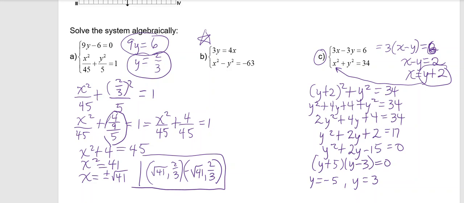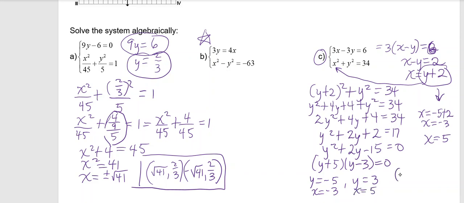But remember, I'm not finished. I'm going to go back up to my linear equation and plug in those y values. Right here, x is going to be negative 5 plus 2, so x will be negative 3. And when I plug in positive 3 for y, x is going to be 5.